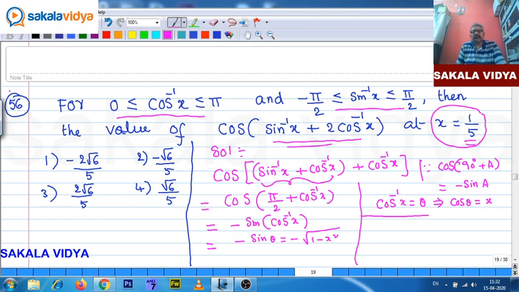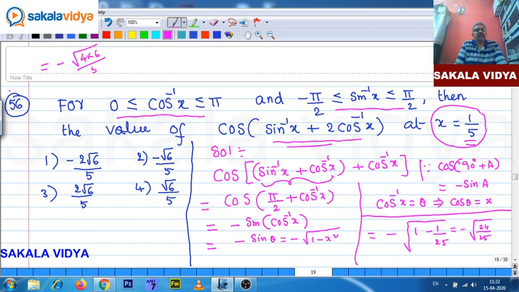This equals minus root of 1 minus 1 by 25, that is minus root 24 by 25. So 24 that we can write as minus root of 4 into 6, square root of 25 is 5, square root of 4 is 2, minus 2 root 6 upon 5. So first option is the right option.